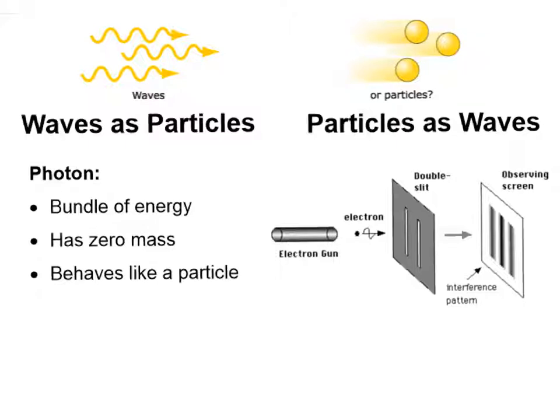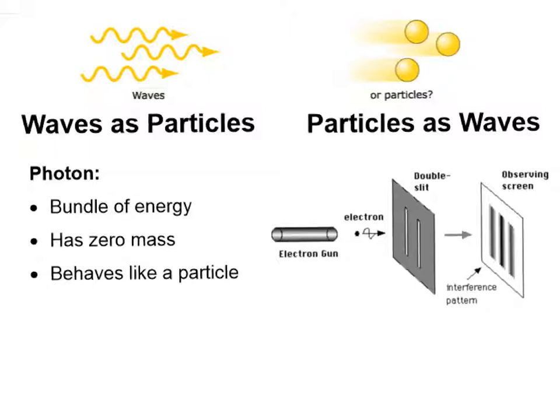So it may seem to you that the difference is very clear between a wave and a particle. We say that a wave is a disturbance that carries energy. We say that a particle is a little tiny piece of matter. However, the difference isn't always that clear. Sometimes light behaves like a particle.